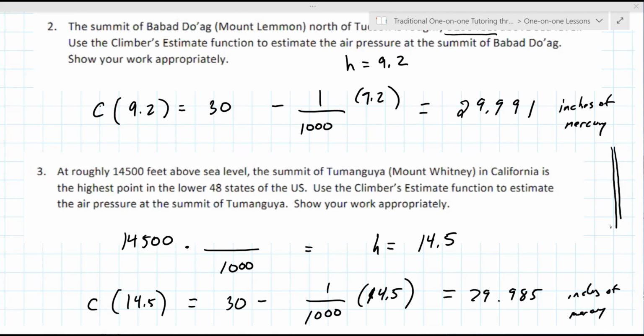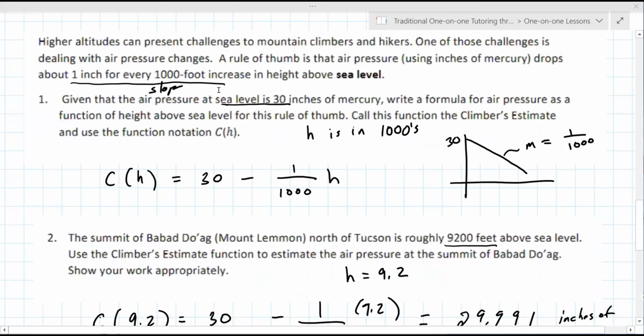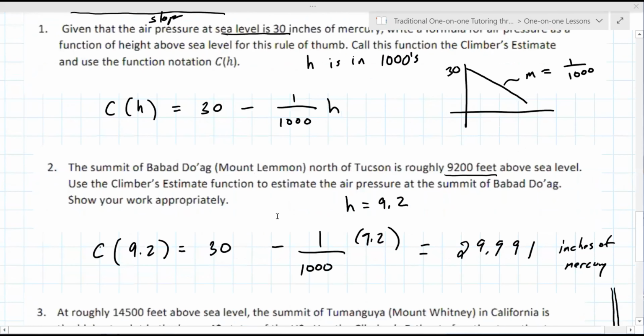Sorry, it's just the way this instructor is doing this, it's 1 inch for every 1,000 foot increase. So H is in thousands of feet. So if you put in 9,200 feet, yeah, I tend to think we haven't done this right.